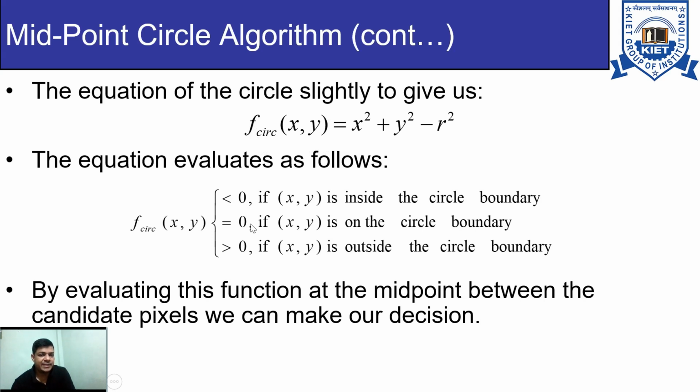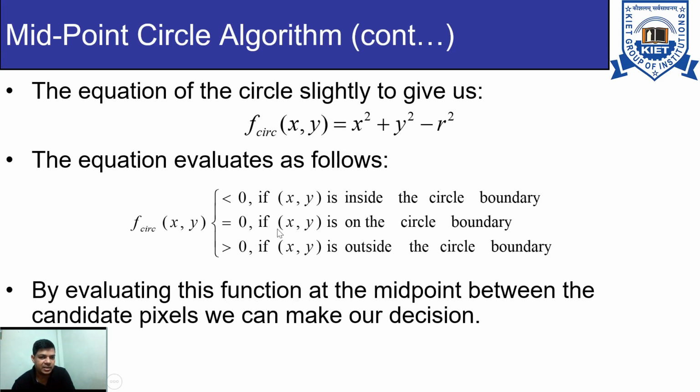If we choose any point on the circumference of the circle, then the value of the function f of x comma y is 0. And if any point is outside the circle and we substitute its value in the circle equation, then the function has a value more than 0.